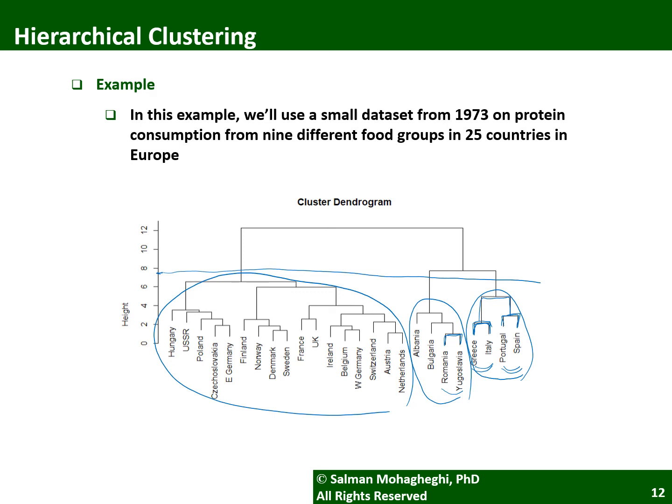If you have a higher distance in mind, so you want your clusters to be farther apart, you choose this as your cutoff line, and that'll give you 2 clusters.